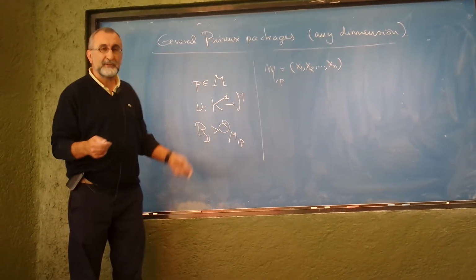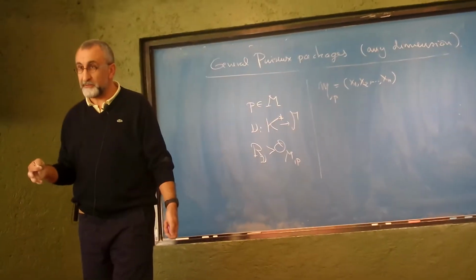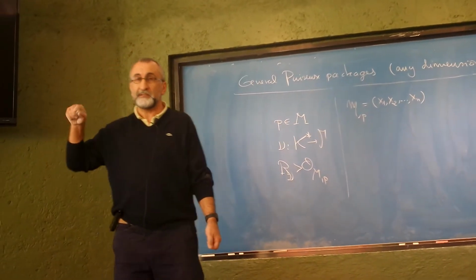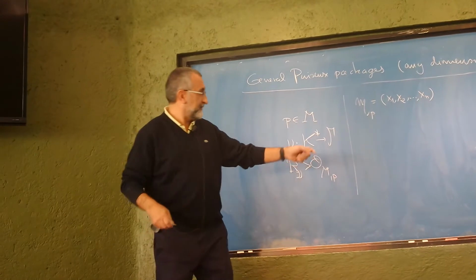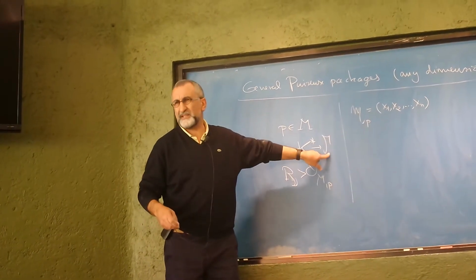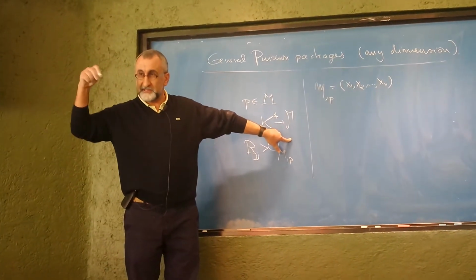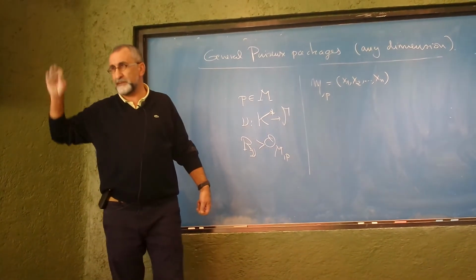Remember that there is something which is called the rational rank of a valuation, and it is the dimension over the rationals of this group considered as a Q vector space.